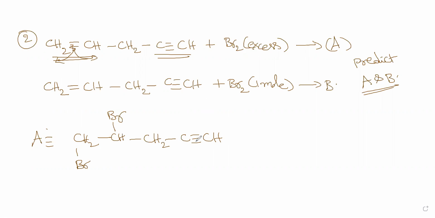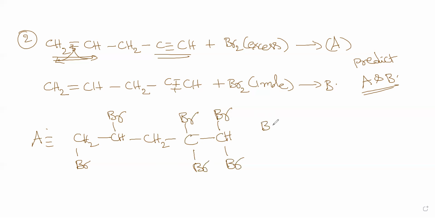Excess means the triple bond will also break, so I rewrite this with bromine, bromine on each carbon. Why are 2 bromines coming on each? Because you break the pi bonds and start making the bonds. That is the product A.